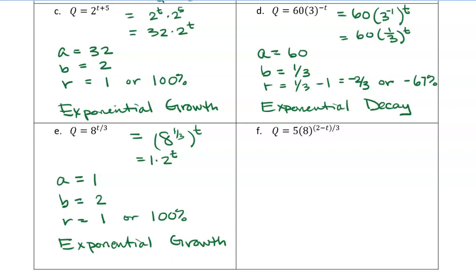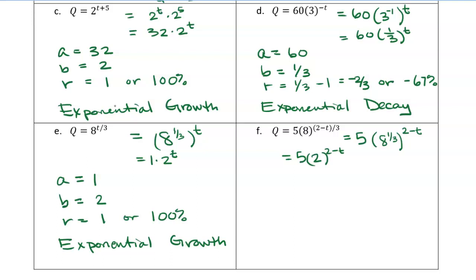That's the same as 1/3 times 2 minus t, so I can write 5 times 8 to the 1/3 to the 2 minus t. And I know 8 to the 1/3 is 2, because that's the cube root. So 5 times 2 to the 2 minus t.